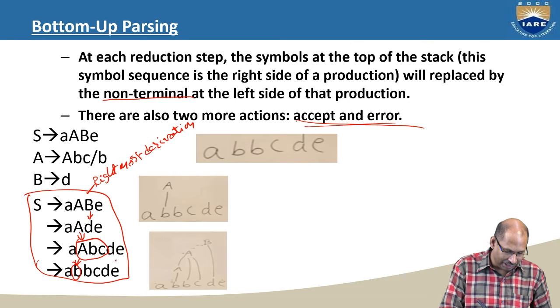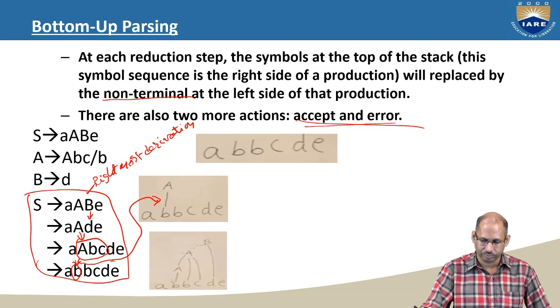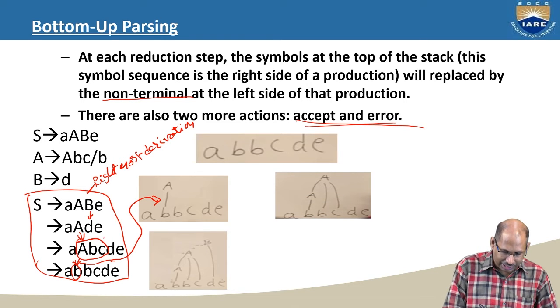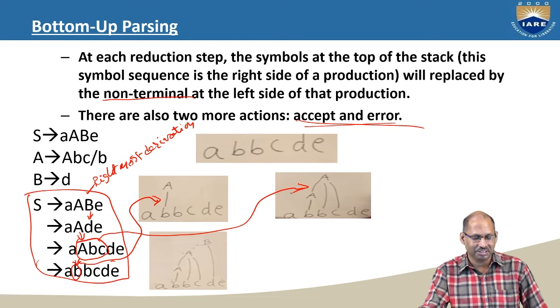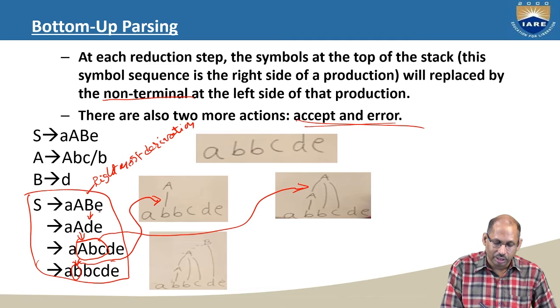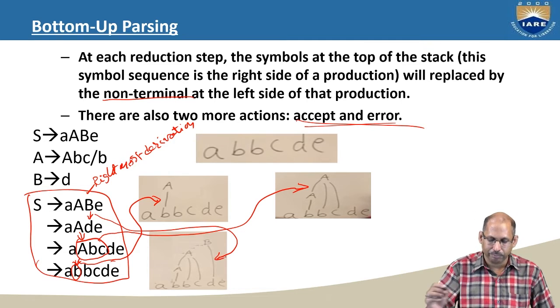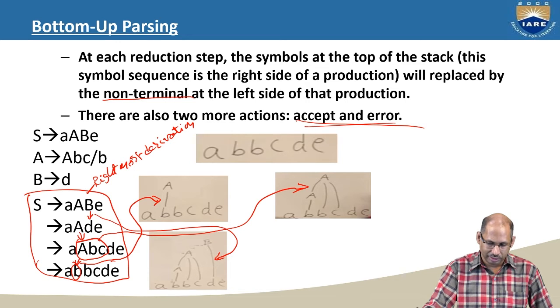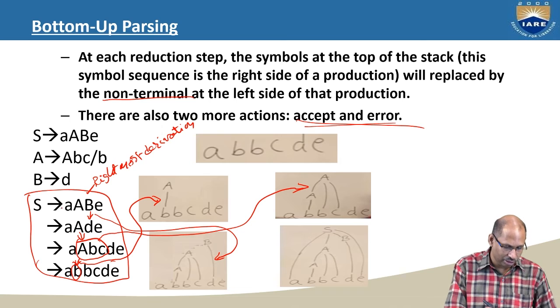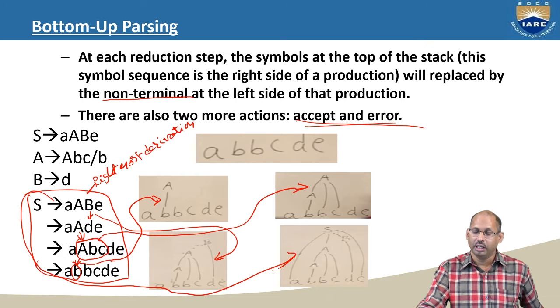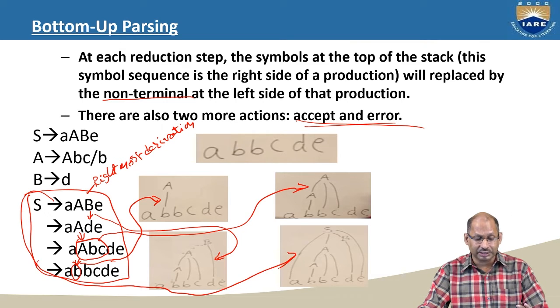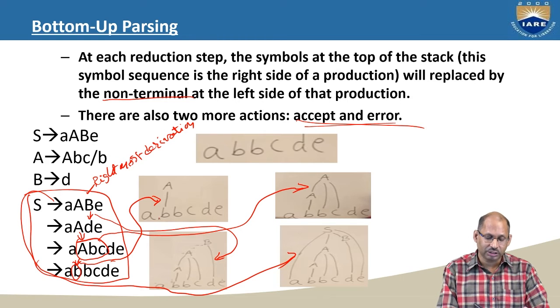This B is reduced to A, then this ABC as variable A, then D as B. Finally this step gives S. So what is the last substitution?